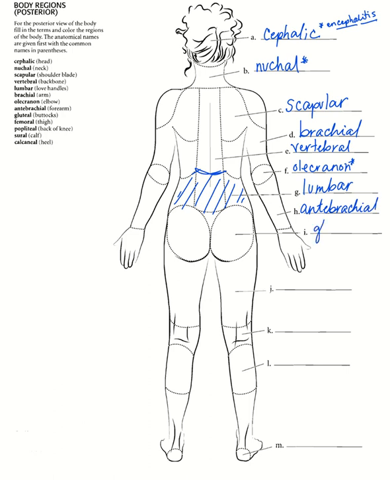And we have the glutes or gluteal, femoral. And although the anterior knee is genicular, the posterior knee is popliteal.